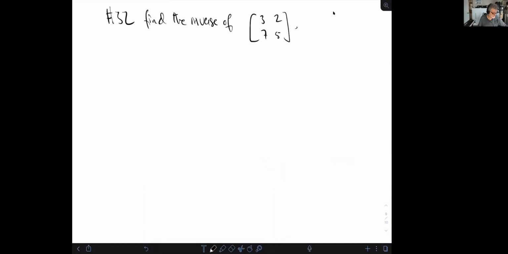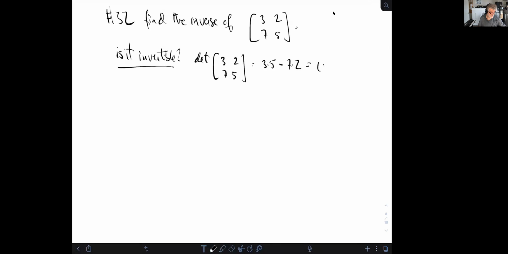So is it invertible? You check its determinant. The determinant of this matrix 3, 2, 7, 5 is 3 times 5 minus 7 times 2. That's 15 minus 14, which is 1. Yes, because 1 is not equal to 0, the matrix is invertible.